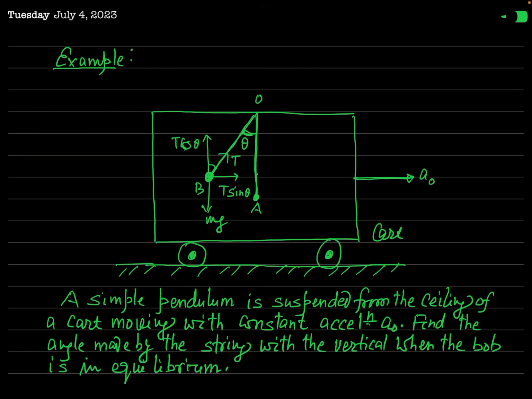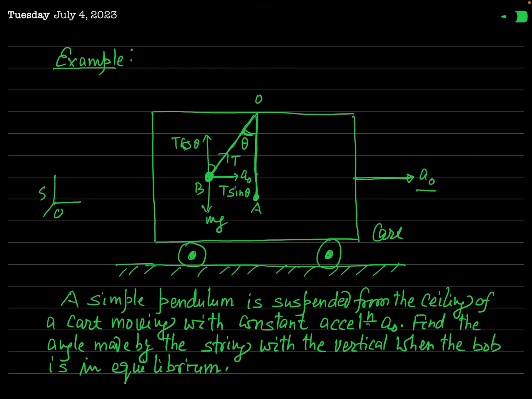When you say inertial frame, you have to consider an observer, let us say, standing on the ground. This observer will see that the car is moving with acceleration a0. As the bob is suspended in this car, this observer will also find that the bob is moving in this direction with acceleration a0.